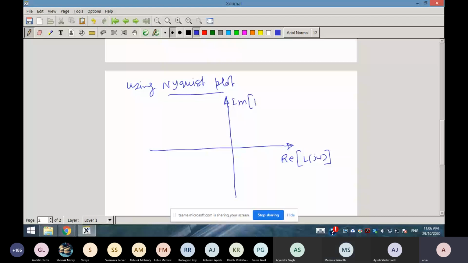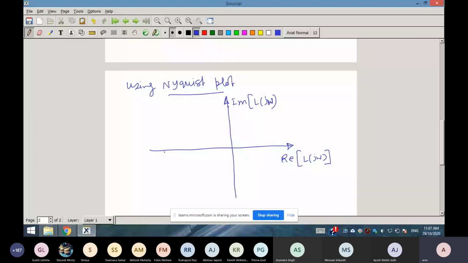And if you draw the Nyquist plot for this, again and again I am telling, loop means controller into plant, into actuator, sensor, all the gains in cascade. That is the loop transfer function, GS into CS, because actuator and sensor dynamics we normally consider inside the plant. So GS is the plant and the controller is CS.